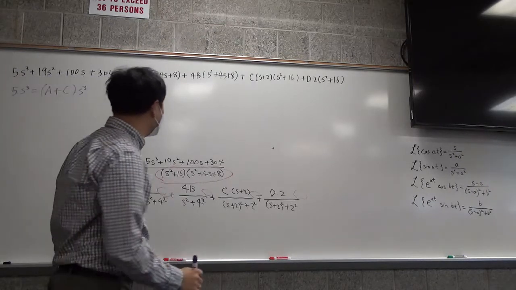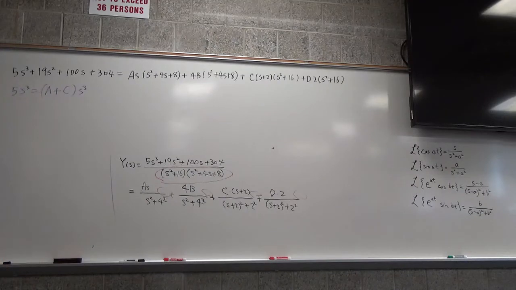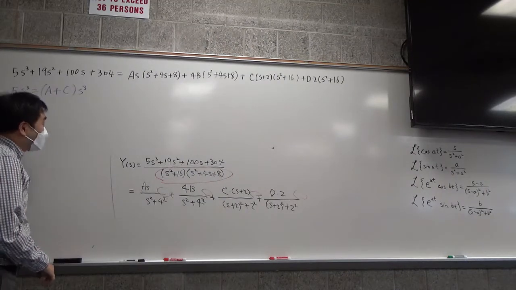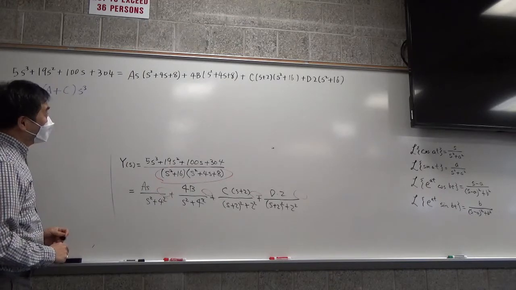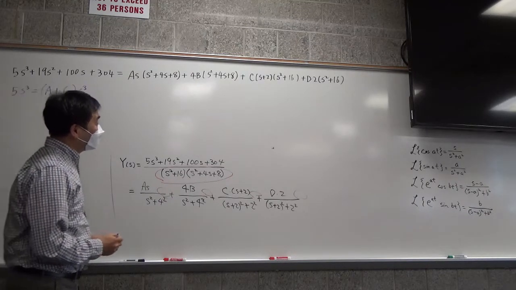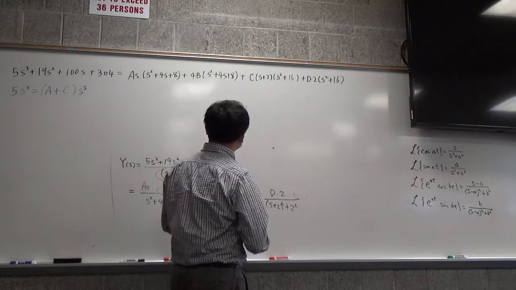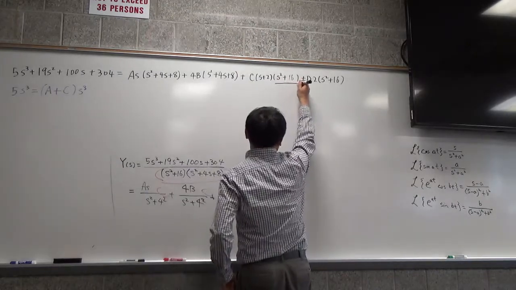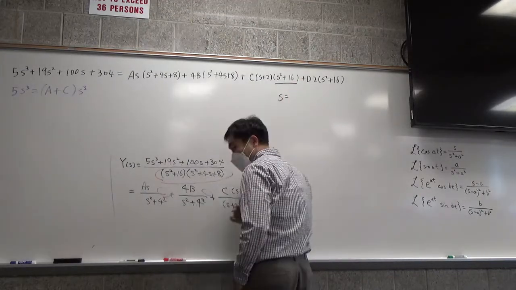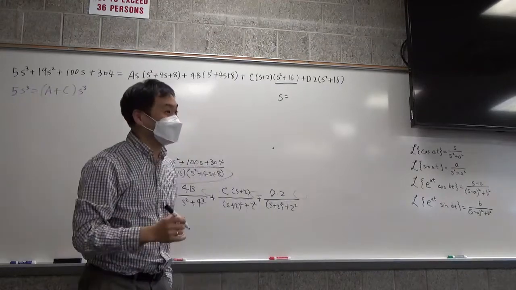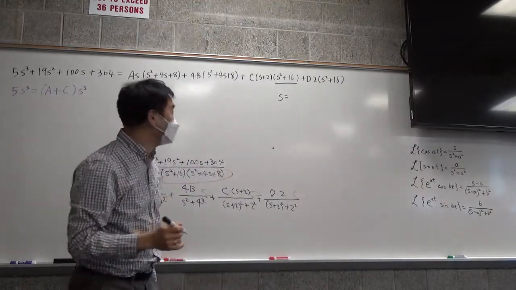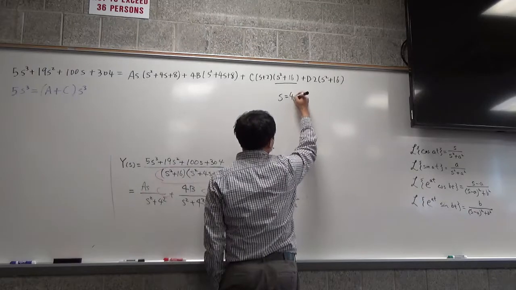So that's one nice equation. And then, although some of you might really hate this, the best thing I see is to get rid of this s squared plus 16 by plugging in s equal to what? 4i. 4i, right? If you plug in 4i, that's going to delete this, right?